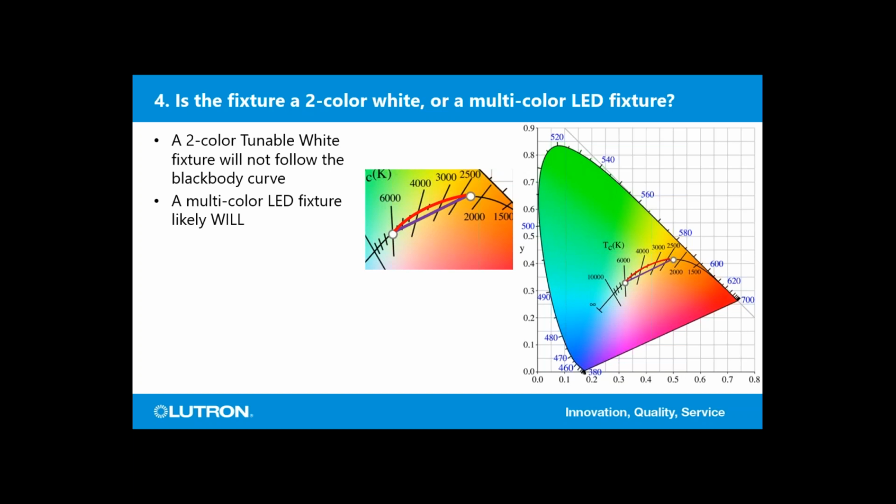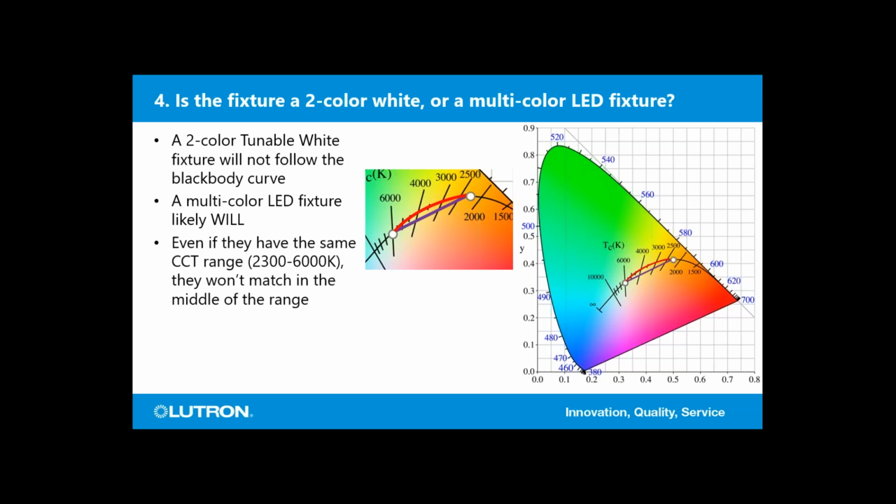Now, if you have a multicolor LED fixture, so it has more than 2 light sources in it, in this example, you could have a third light source that was somewhere in the green area of the chromaticity diagram in order to stay on the black body curve. So now as you're moving from the minimum CCT to the maximum CCT, you can follow that curve.